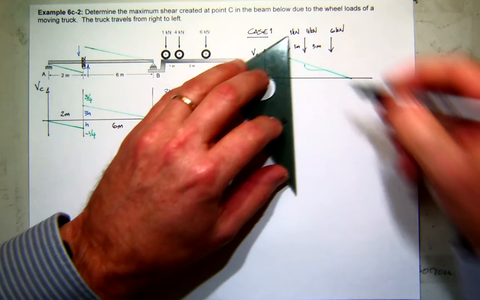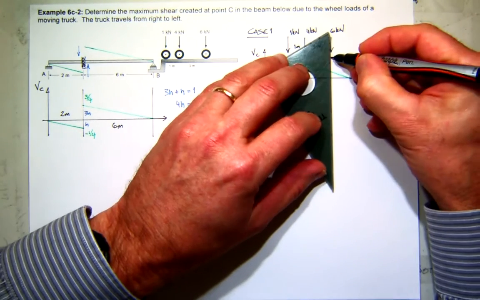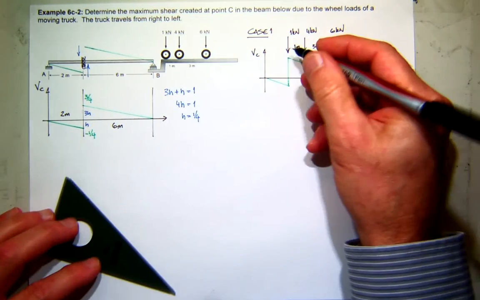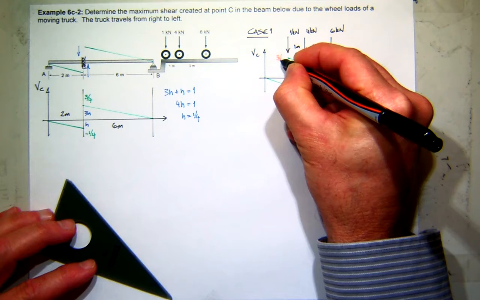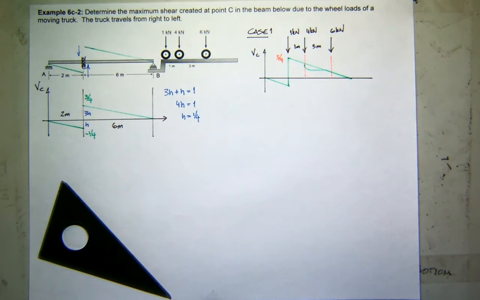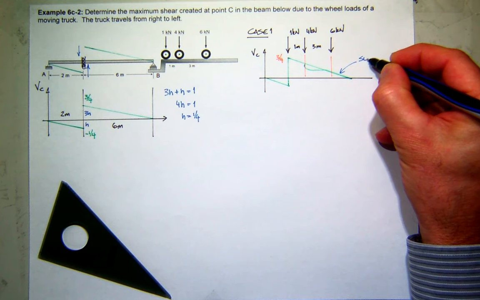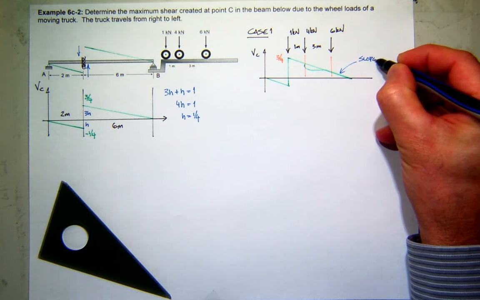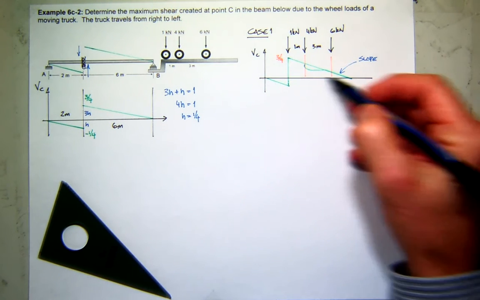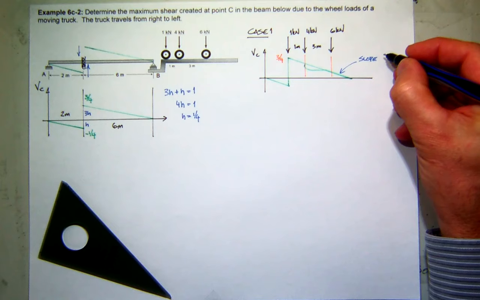So I need to find 2 additional values off my graph. I know this one is 3/4. Right? What's the slope of my line? Well, it's 3/4 to 6, right?